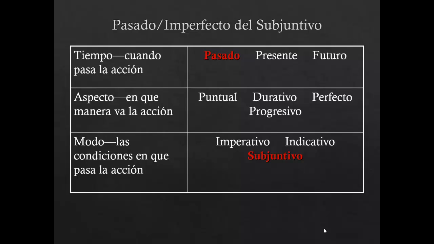the past subjunctive is. It is past tense and subjunctive in mood. And even though this verb form is called both past subjunctive and the imperfect subjunctive, we are not going to differentiate anything in aspect like we did with preterite and imperfect.